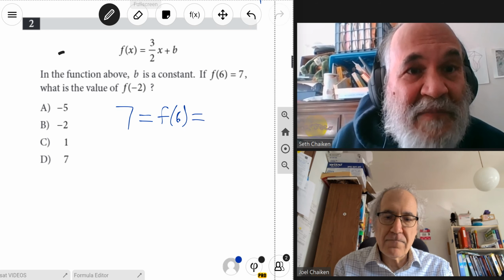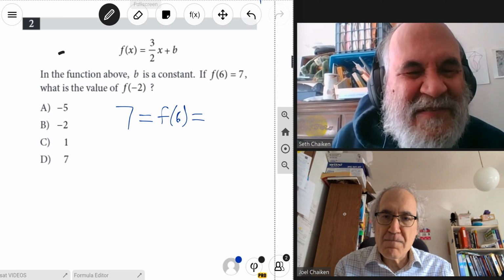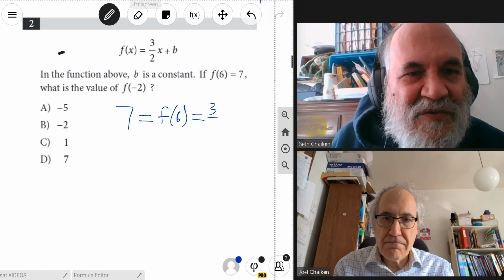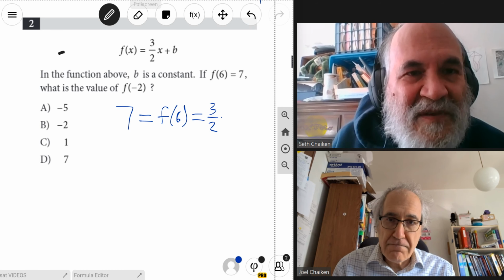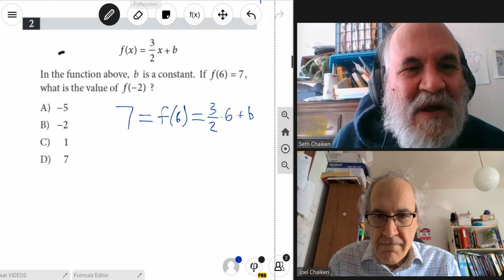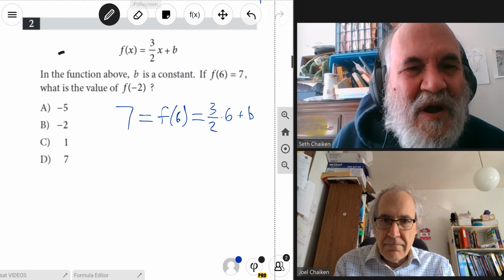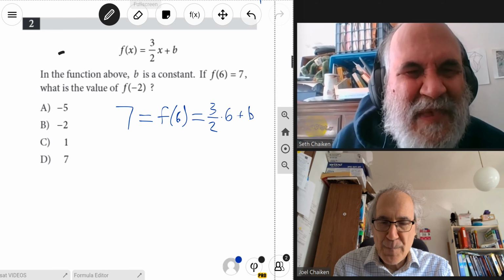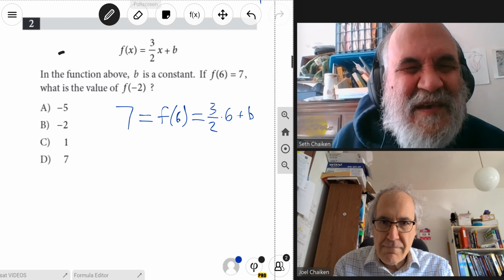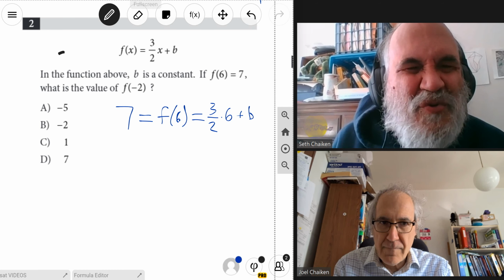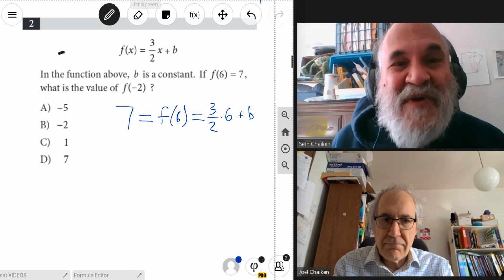And from what's given, f of 6 is 3/2 times 6 plus b. If we knew b, we could figure out what f of minus 2 is. So I'd like to find b.